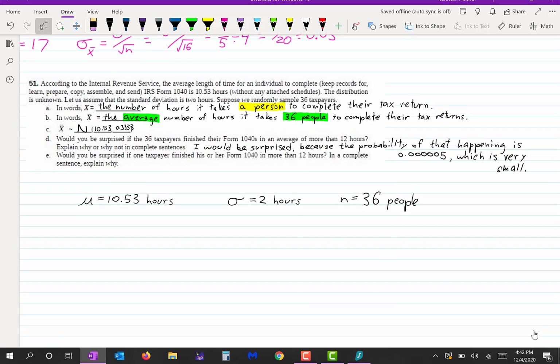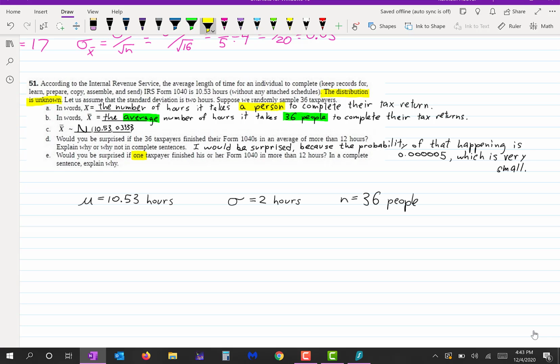Would you be surprised if one taxpayer finished his or her form in more than 12 hours? In a complete sentence, explain why. Okay. I have mixed feelings about this question. Because on the one hand, they said the distribution is unknown.